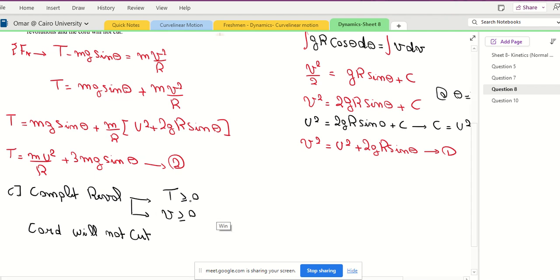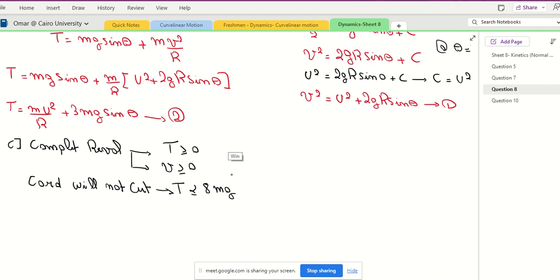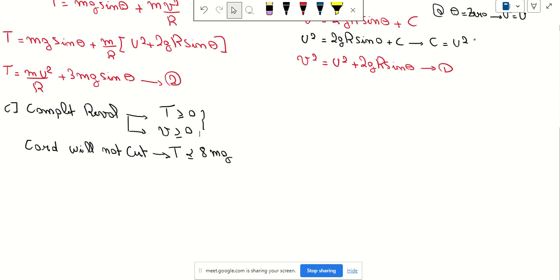T must be less than or equal to 8 mg. From this one we will get the minimum U, and from this one we will get the maximum U.